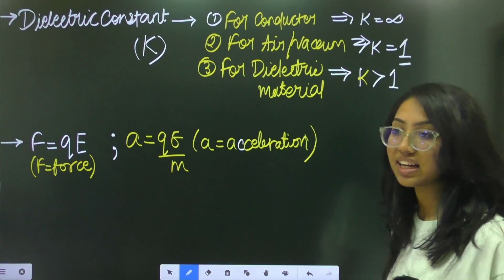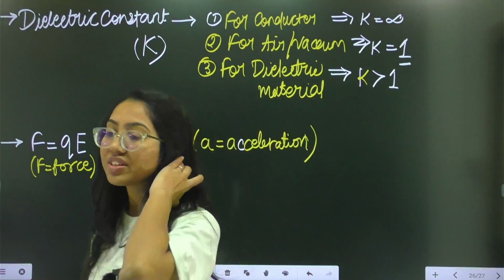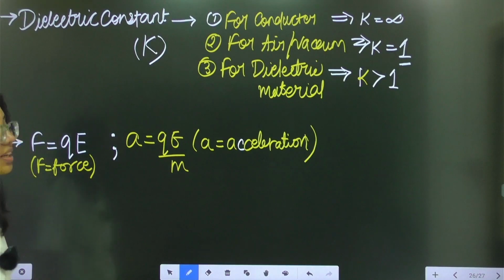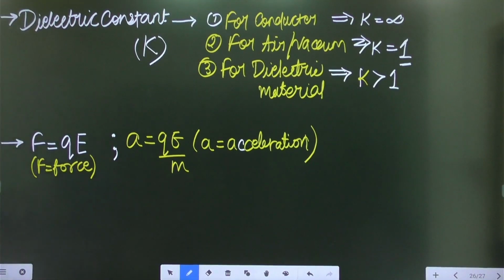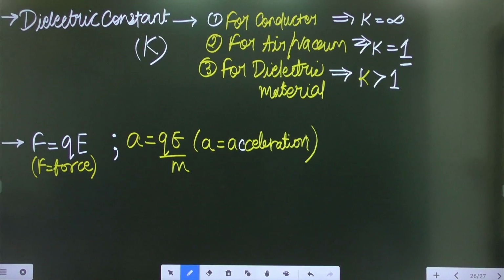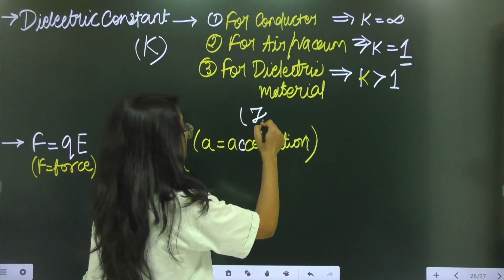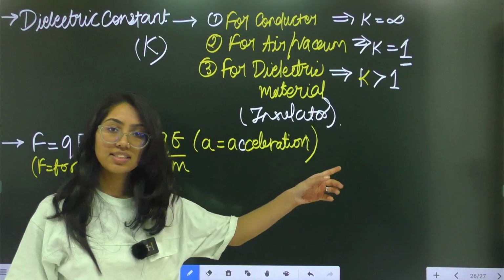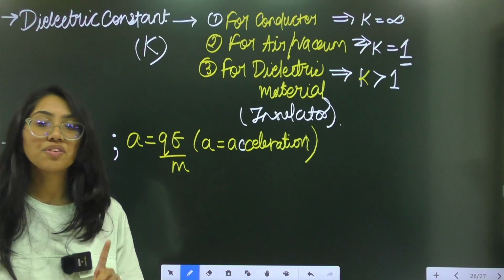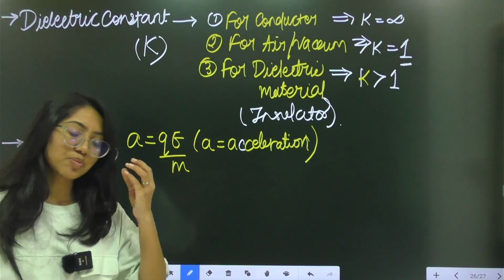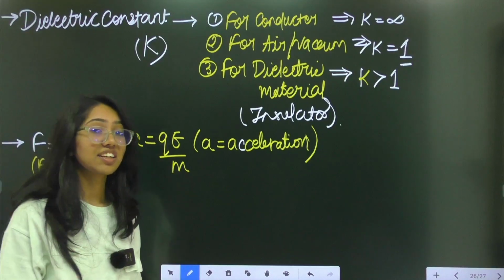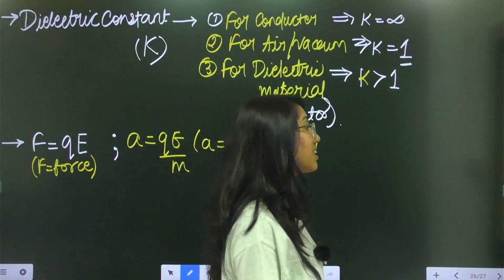So it equals 1 when it's air or vacuum, it is greater than 1 when it's a dielectric material or an insulator, and if it is a conductor, it is infinite.